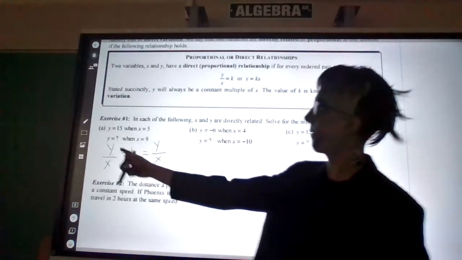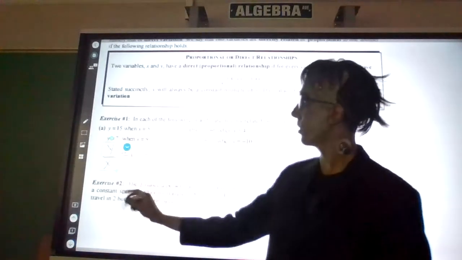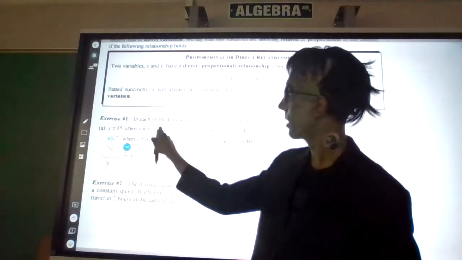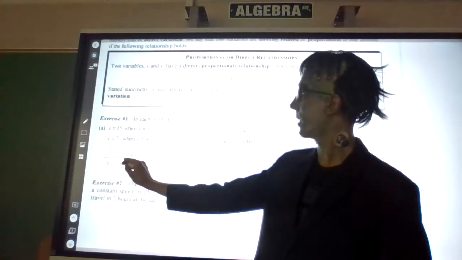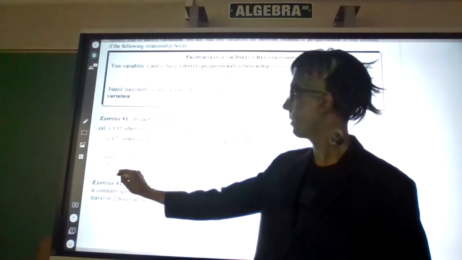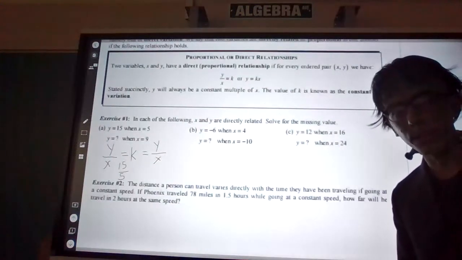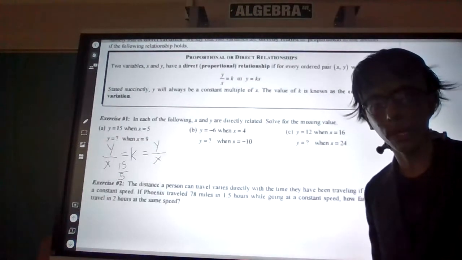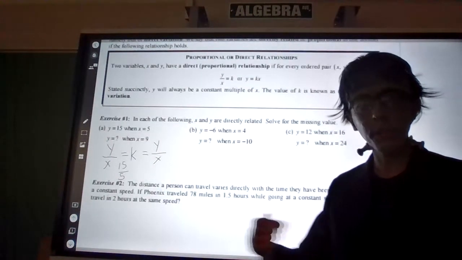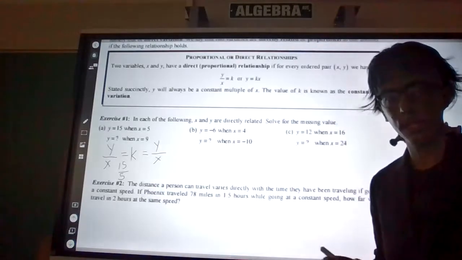So I'm going to take the first y and x that I have and plug those in here. So I have 15 over 5. And I know that's equal to k. Maybe you guys can already figure out what k is, but I'm going to pretend k is not there for a minute.